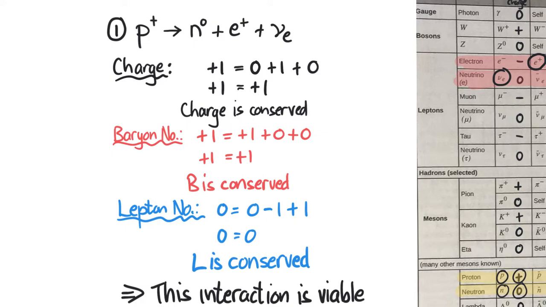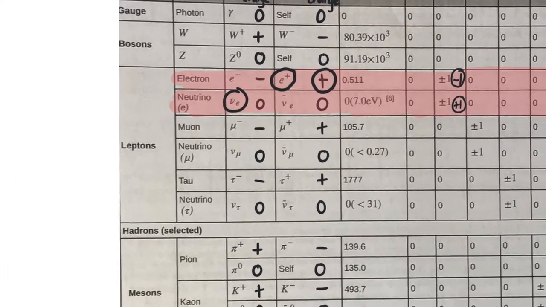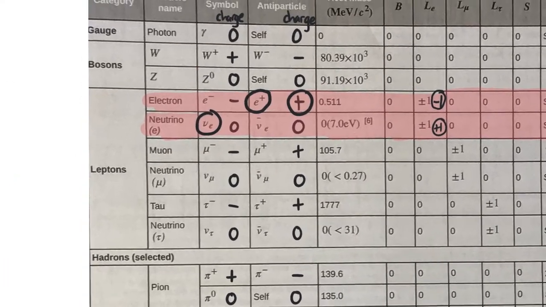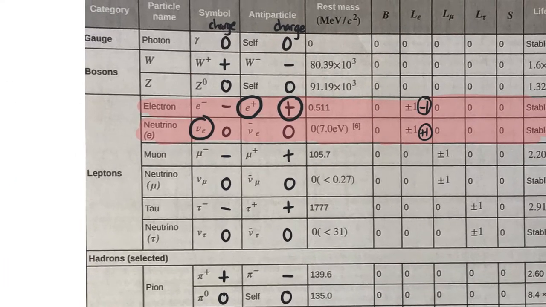And we can see this in the table. If we go to the table here and look at the lepton numbers, we see for the electron, the lepton number is +1, and so for the positron, the lepton number would be -1. You would be given a table like this in your information sheet in tests and exams.